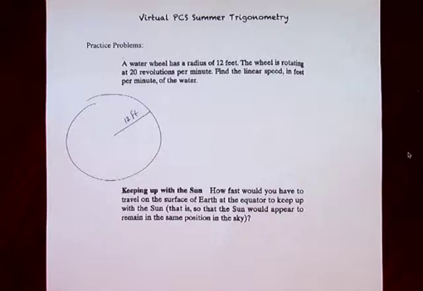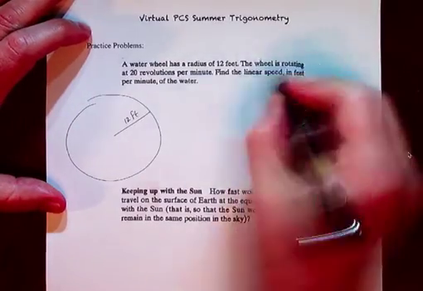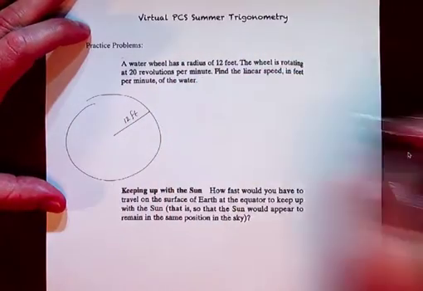Well, 20 revolutions doesn't really give us a theta measurement, but it's only one step away from giving us a theta measurement because 1 revolution is 2 pi. 20 revolutions is going to be 40 pi. Okay? And so basically the wheel is rotating at 20 revolutions per minute.